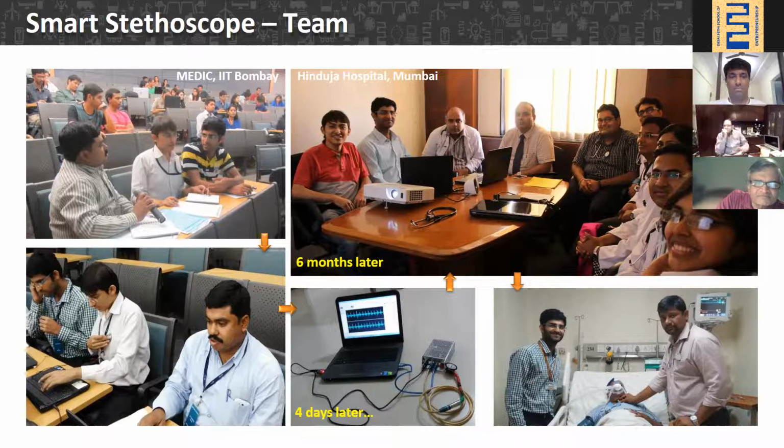We put all the things in a good enclosure. We went to Lamington Road, a place in Mumbai where you can buy all the shielding. In 4 days we made this shield and this stethoscope microphone with good wires, and then we showed this to a company.